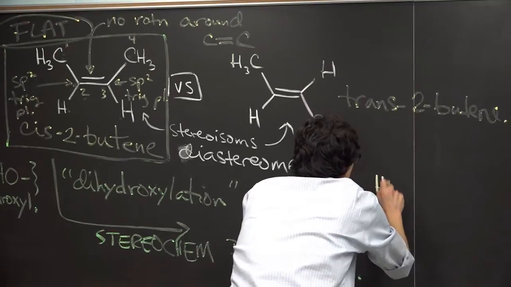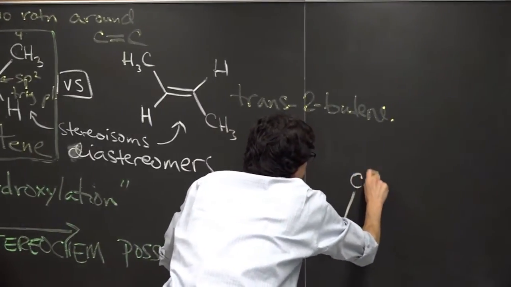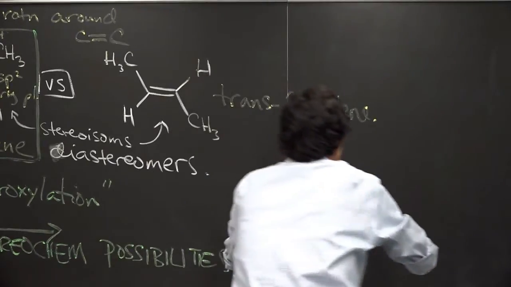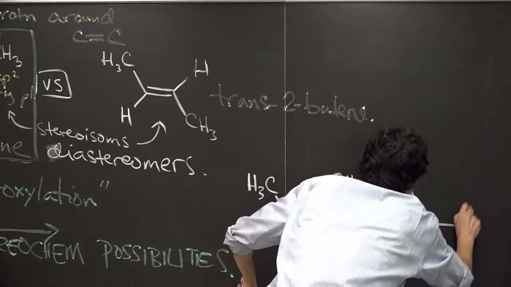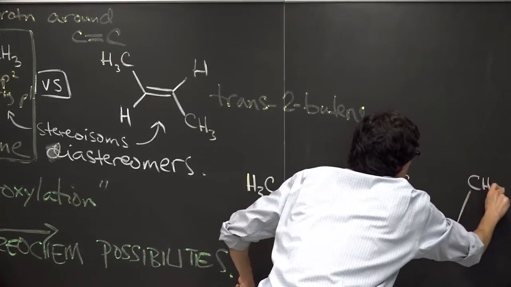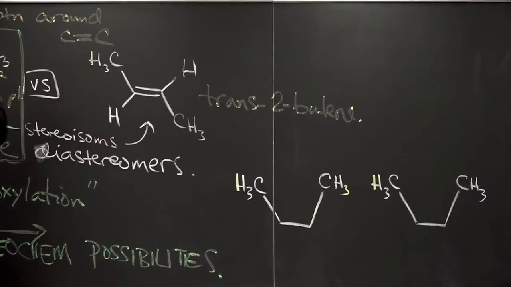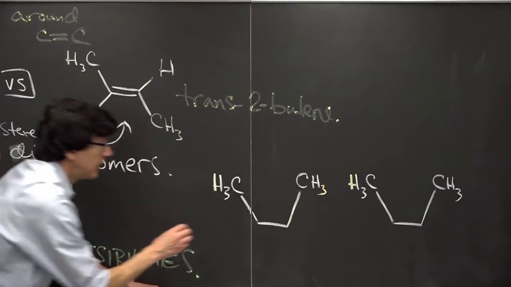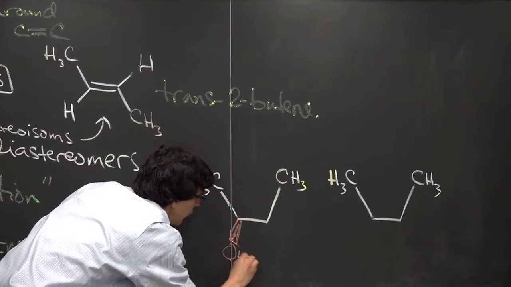So here, I'm just going to keep the backbone of the molecule constant, just to keep myself oriented. And then if the OH groups came from the front of the board, there would be one of them.